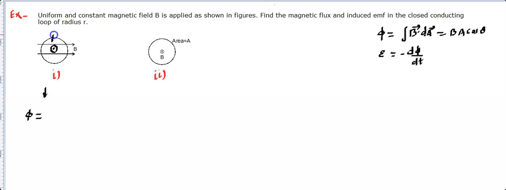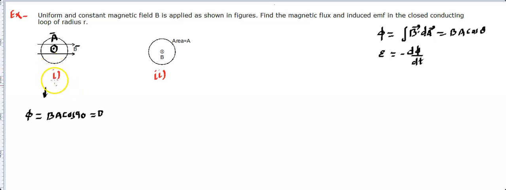So this is area vector and this is B vector. So there is an angle 90 degree coming in. So you will write it as B into A into cos 90 degree. And we know this cos 90 degree is 0, so you'll find the flux through the first is going to be 0.